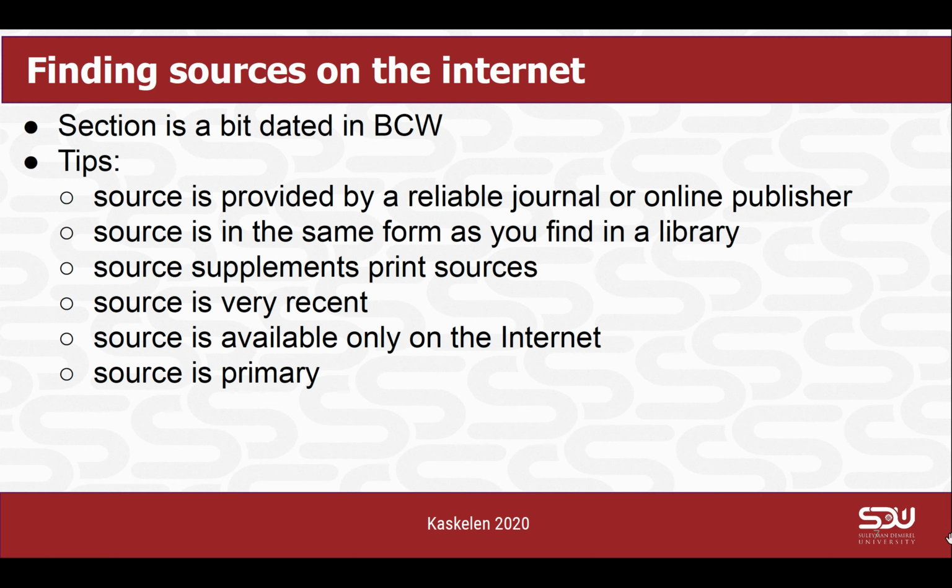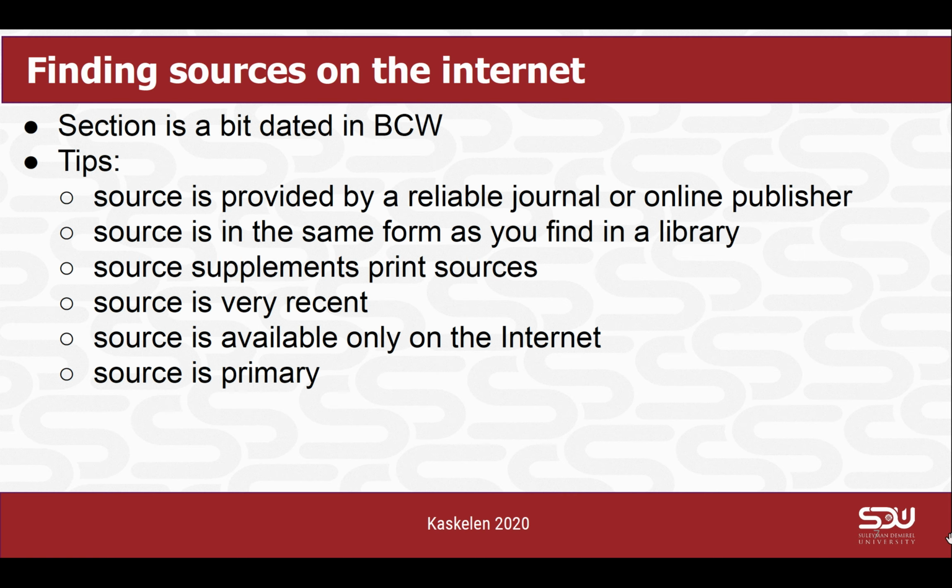It might also be useful if a source is super recent, in the sense that it could not physically reach any library yet. For example, some journals offer online-first publications, which will be published in the print version maybe months, maybe half a year, later.